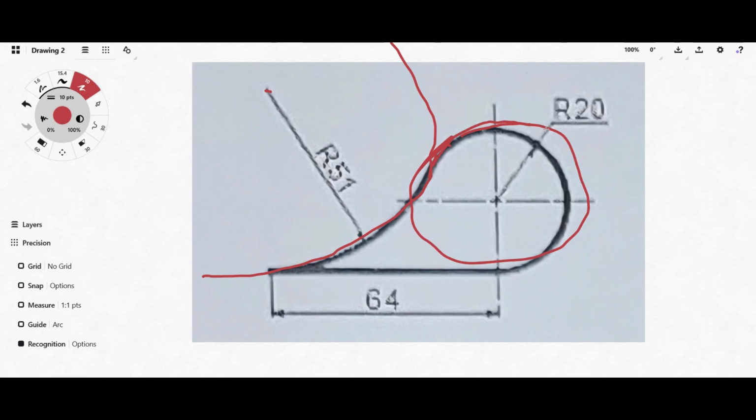I'm trying to find an easier way to explain it, but with more practice you get to see the difference between when two circles or arcs are touching internally and externally.